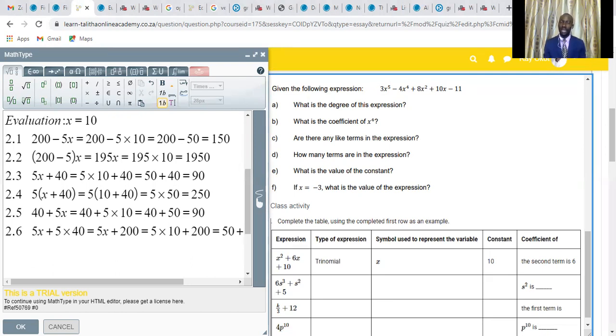Now, all these other quantities, as will be required, we are going to discuss in this question. So, we have been given the following expressions. Let's have it here as expressions.